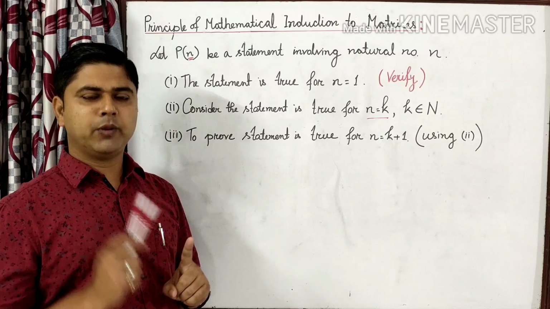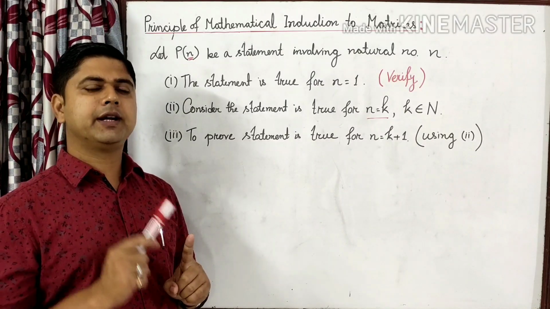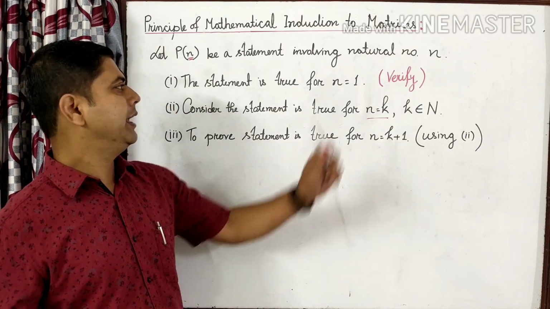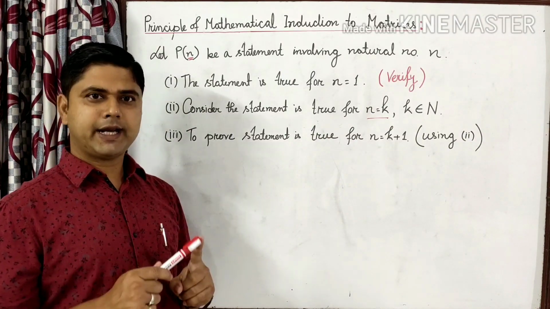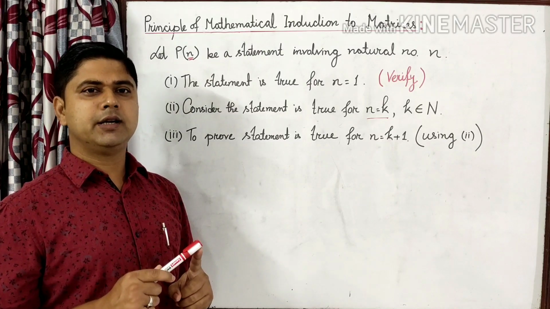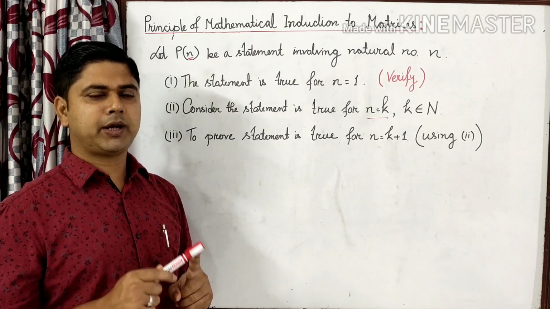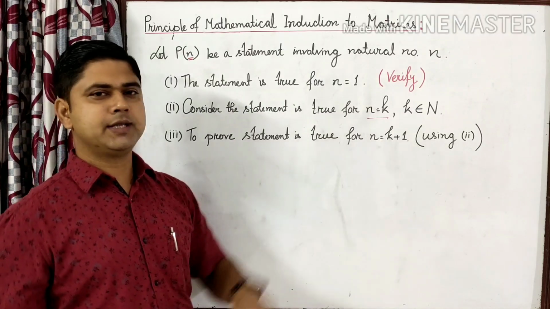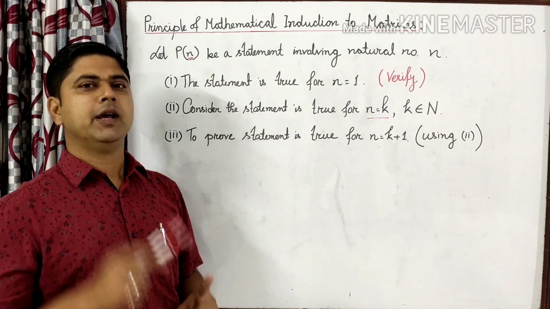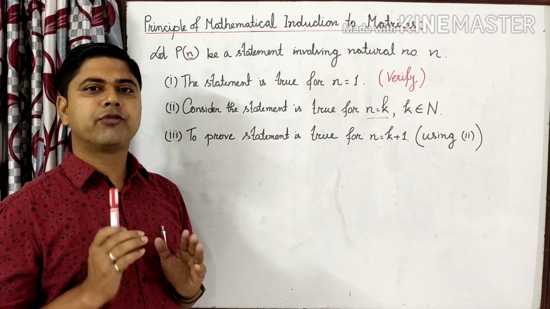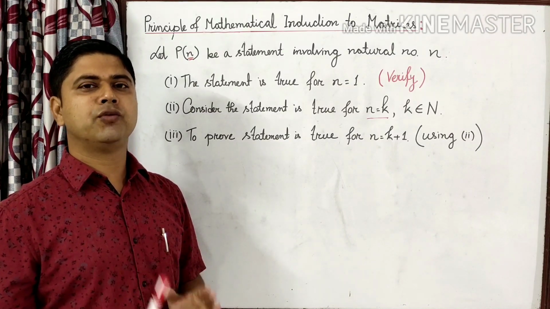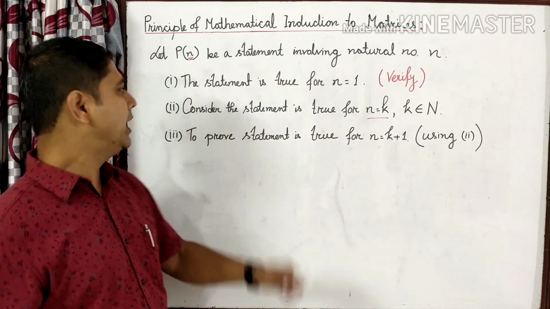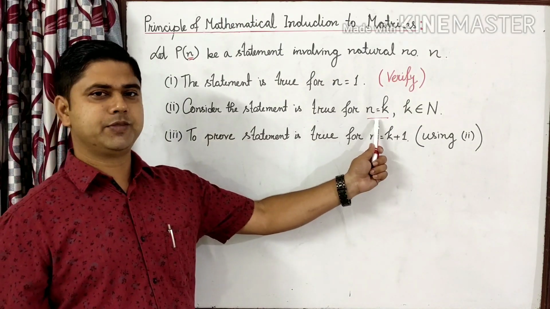That means only three steps are there. The first one is you have to verify the result is true for the least natural number, that means n equal to 1. The second one is we consider the result is true for n equal to k, where k belongs to the natural numbers. The third one is you have to prove the statement is true for n equal to k plus 1, with the help of the second step.